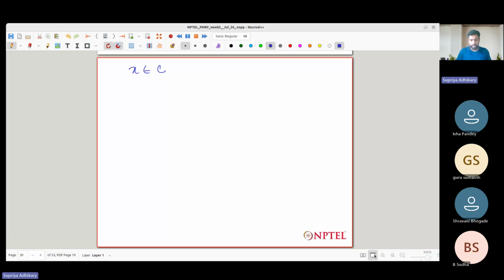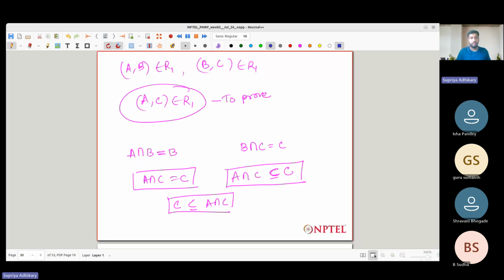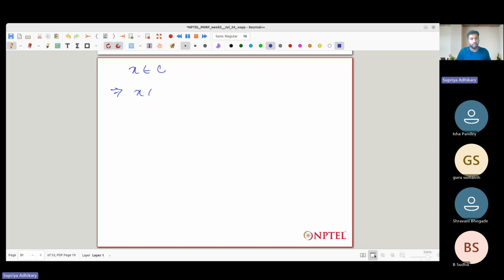Now, if X is in C, and also we have that C is equal to B intersection C, this will imply that X belongs to B and X belongs to C. So basically this implies that X belongs to B. We don't need X belongs to C, we just need X belongs to B over here.